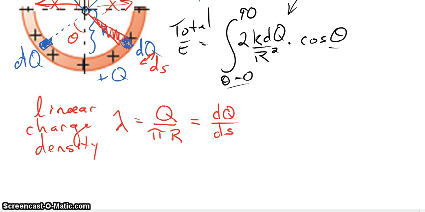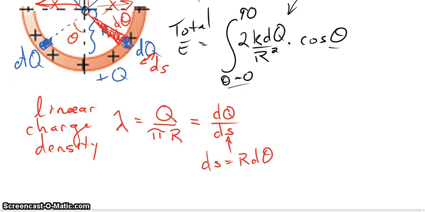Okay? So if we have a little d theta in there, and it's multiplied by r, right? This arc length ds is also equal to r d theta. And we can make that substitution right there.